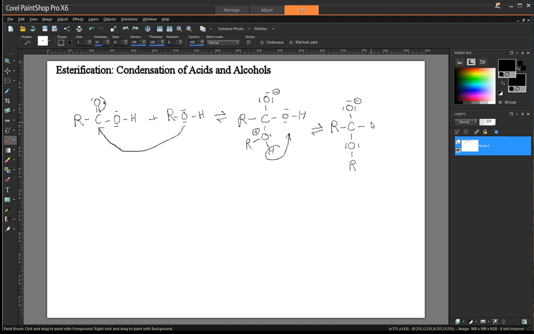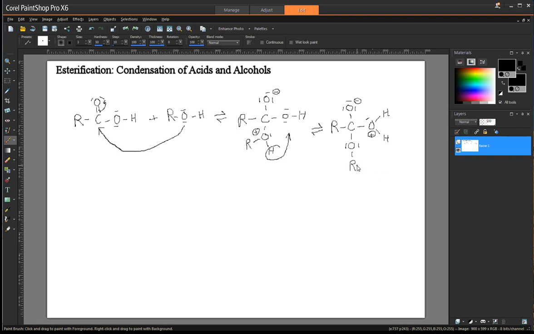And now we have a very similar situation. We have this original OH of the carboxylic acid, but now it has a positive charge because it's accepted that proton, and one of these free non-bonded electron pairs is now sharing with that H+, and that makes this group have a positive charge.